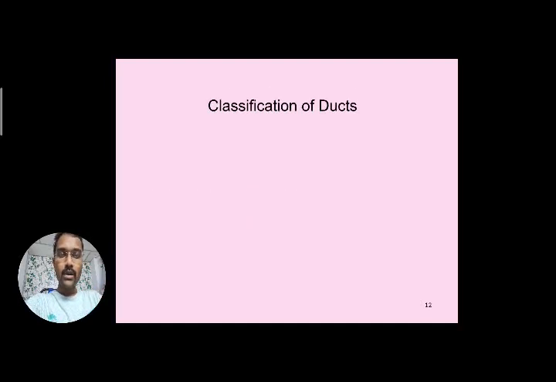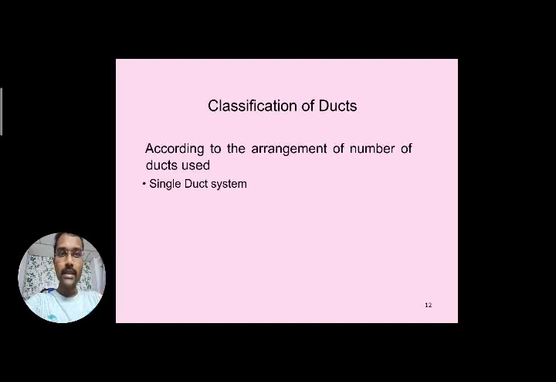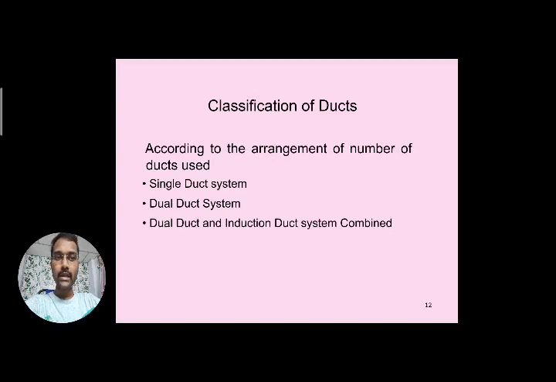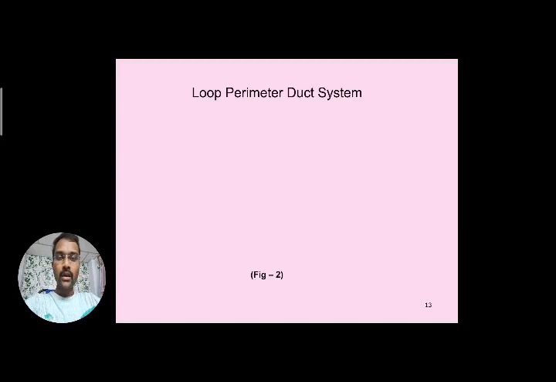Okay, right. Next classification. Depending on the number of ducts we are using, it's a single duct or a double or dual duct system, and induction duct system, which means a combination. Okay.